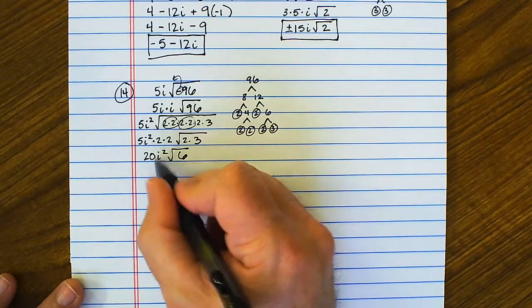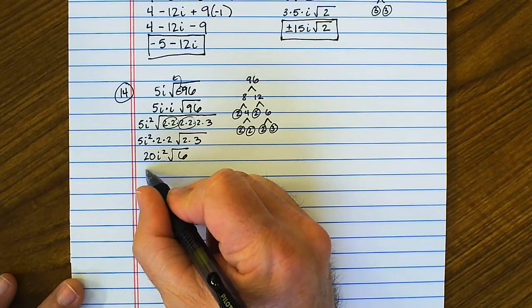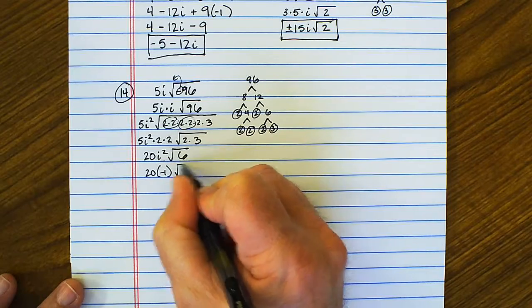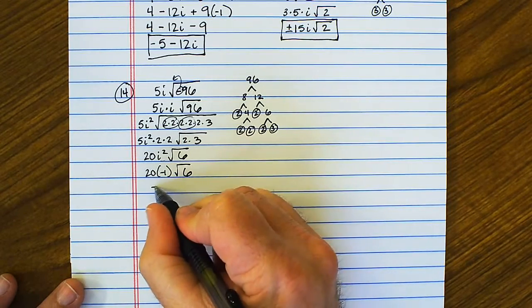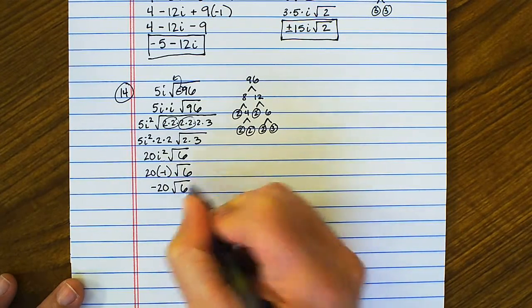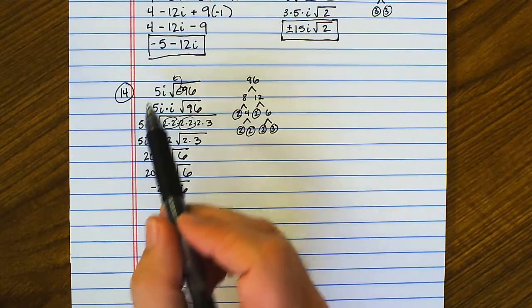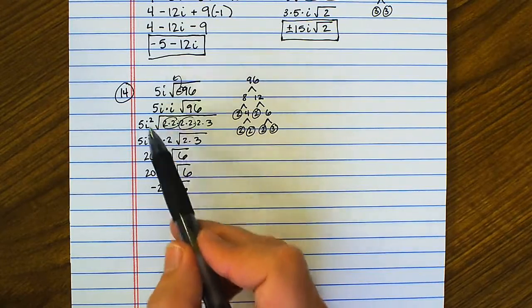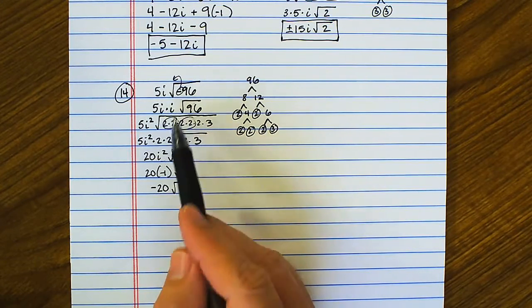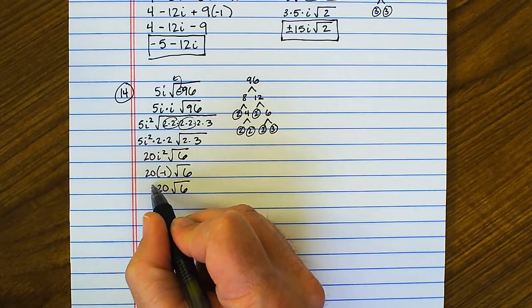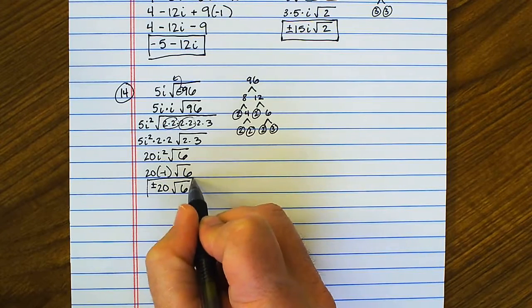Could have done this earlier, I can do it now. i squared is negative 1, so that's 20 times negative 1, which is negative 20 radical 6. Now we have no i's left. Things did come out. Here an i came out, here a 2 and another 2, so that means I got to plus minus it, so I can just put the plus minus on top of that.